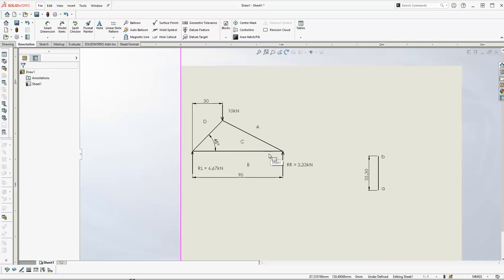This force is acting in the horizontal plane, but we don't really know which way it's going at this point. So we can take a guess, or we can just draw the line straight through and then figure it out. But this force here is going to be our next one. If this is sloping down this way or up this way, there's a good chance that they must intersect.